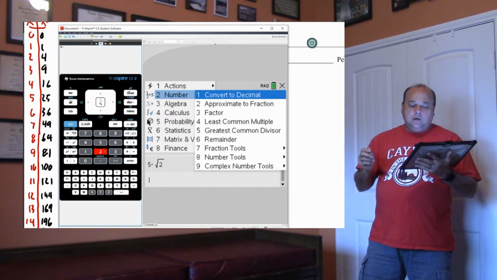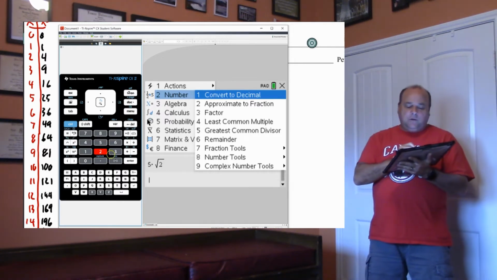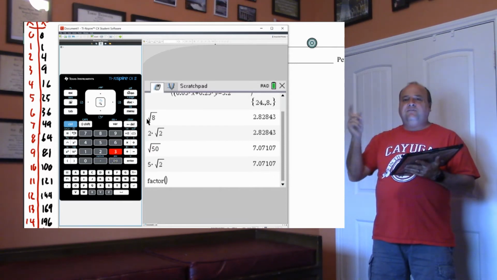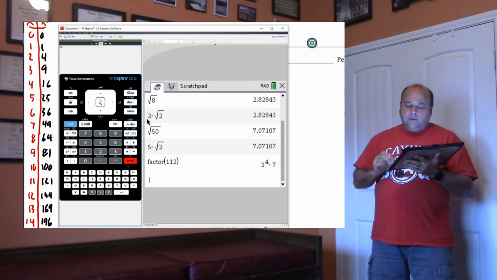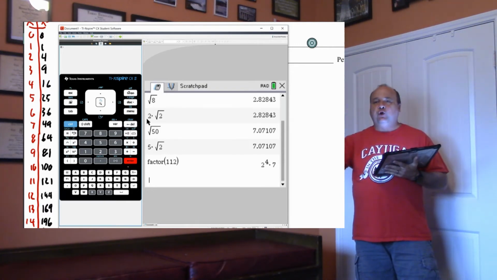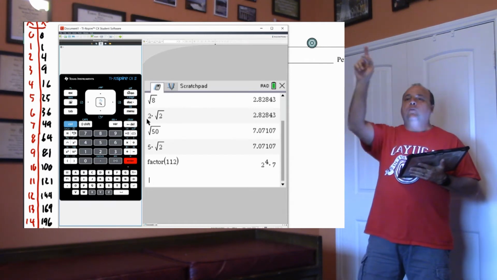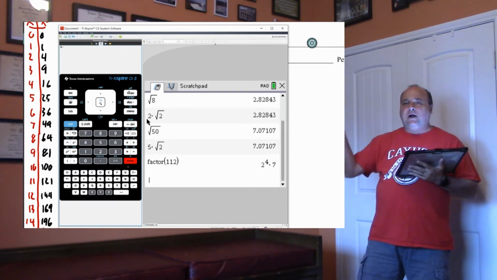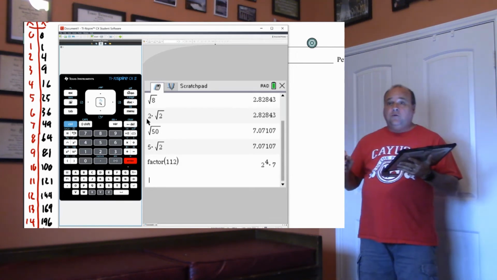It should say least common multiple. It says factor there, right? So type in 3, and then factor 112. Hit enter, and bam, I got it. I have 2 to the 4th times 7. If we made a factor tree, we would get 4 2s and a 7 as the prime factors of 112. And I will show you how to do this one more time on the calculator.